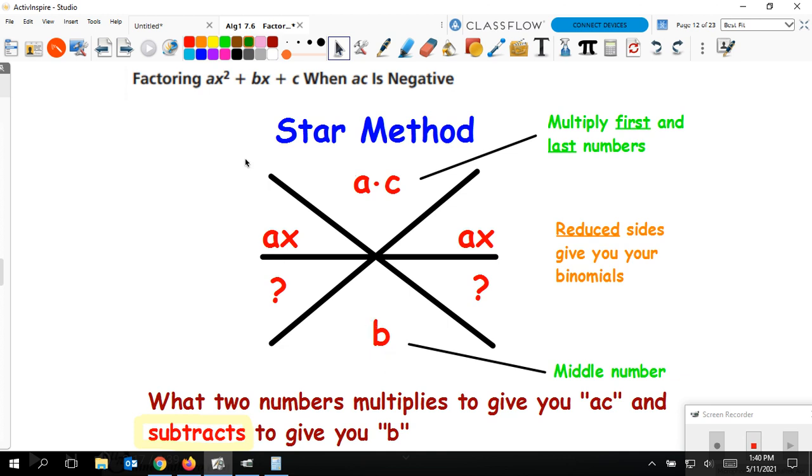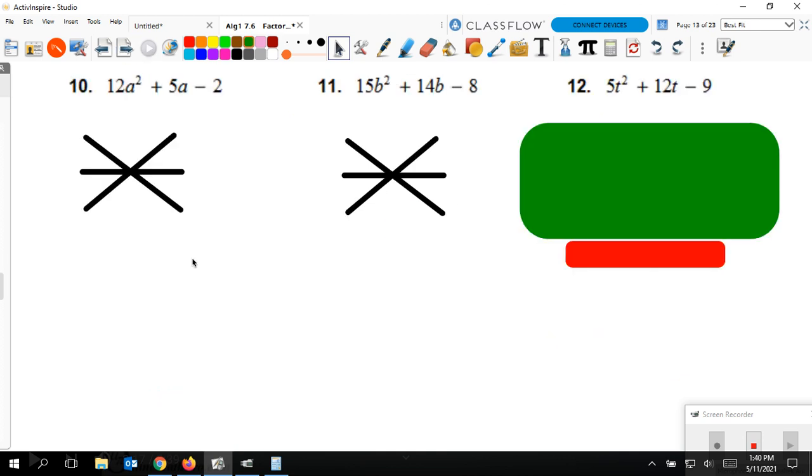All right, let's go ahead and try a couple of these. I'll do 10 and 11, and again you can try 12 on your own. Starting with number 10, I would always want to check to see, is there a GCF? 12, 5, and 2. There is no GCF between all those numbers, and there's no A in all the terms either, so there's no way to factor anything out here.